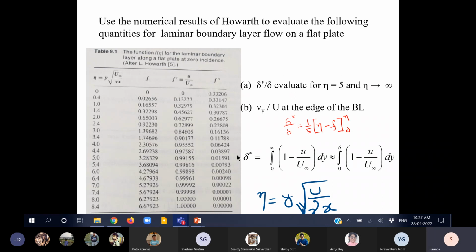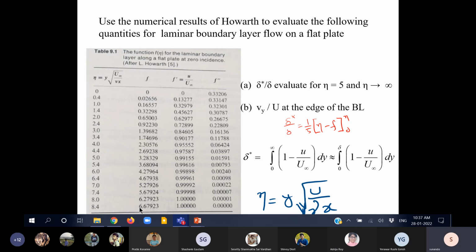So I accept your observation that anything beyond eta equals 5 is not changing much. But can you be more specific? Just look at the numbers and try to see. Specifically, it could be eta equals 8, beyond 8, because f dash is equal to 1.